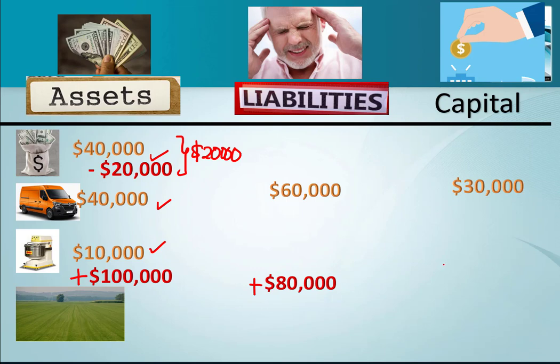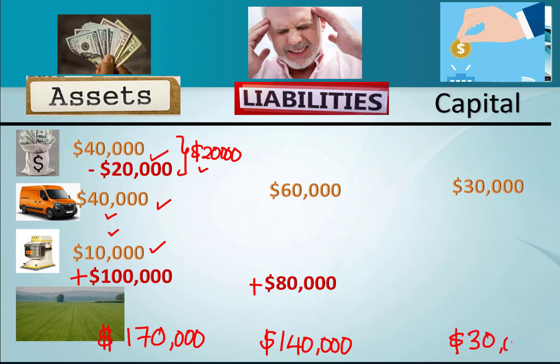So we have four types of assets now. So 20,000 plus 40,000, 60,000 plus 10,000, 70,000 plus new asset 100,000. So the total value of our assets now is 170,000. How about our liability? Our liability increased to 140,000 while our capital remains unchanged, that is 30,000.